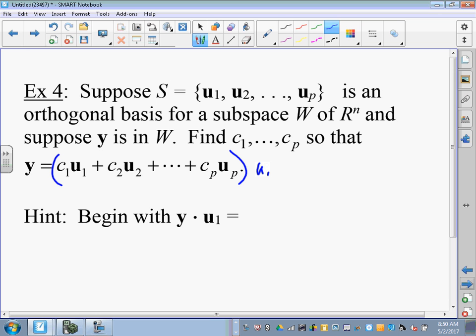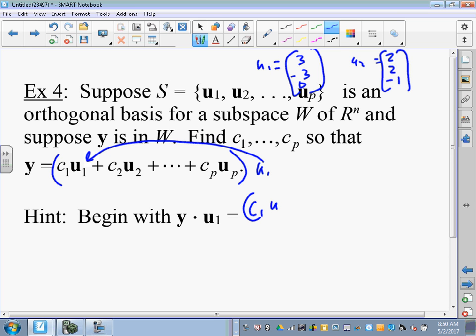Let's look at that math real quick. So if I distributed those vectors in. Again, these are orthogonal vectors. We have to keep that in mind. We could define u1 as being that, and we could define u2 as being this, and that orthogonal basis goes on for however long you want. So if I do that, what I get is c1, which is just a constant, and then u1 dotted with u1.